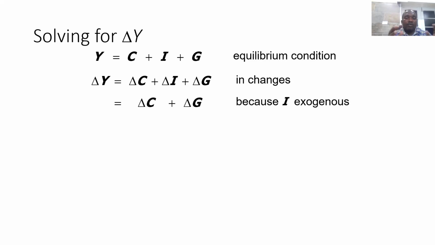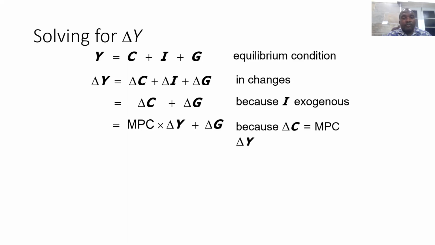And there is no loss of continuity in terms of our analysis. But we know delta I does not really change because the investment spending is exogenous, but government expenditure can be varied by government. And consumption expenditure changes because there is that aspect of the marginal propensity to consume. When national income increases, we expect consumption expenditure to change as well.